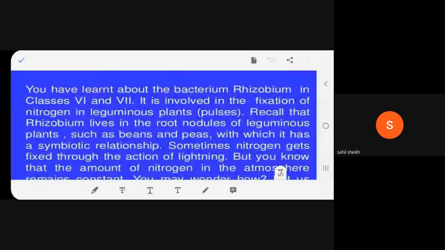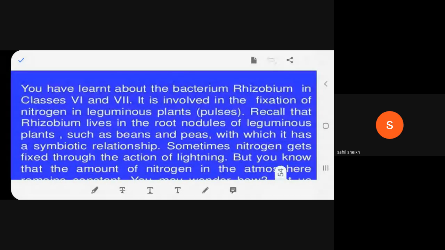Okay. What have we learned from here? We learned that Rhizobium is in leguminous plants like pulses. The Rhizobium bacterium lives in the root nodules of pulses.